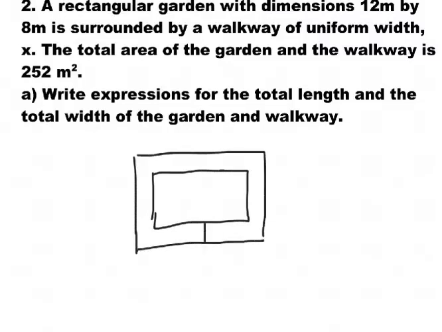Now this distance is x. This is 8 and this is 12. The total area of the garden and the walkway is 252 square meters. We are supposed to write an expression for the total length and the total width of the garden.